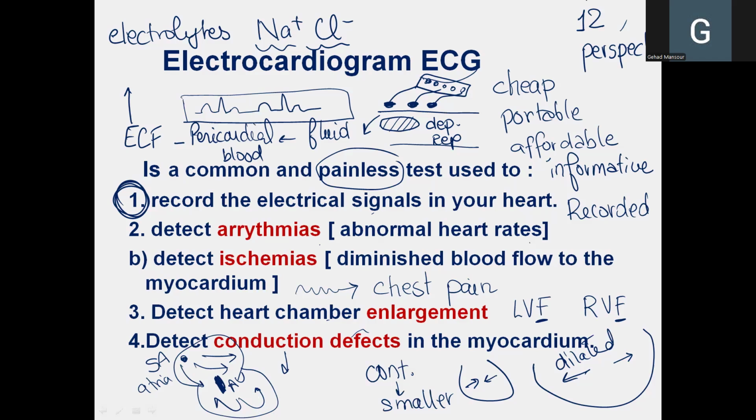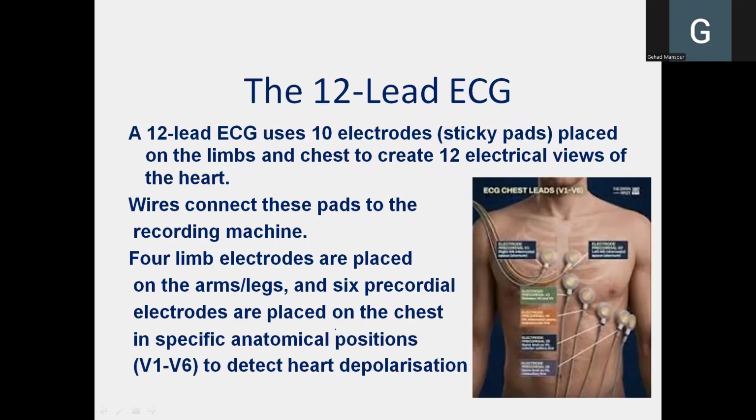In such a case, this is an AV nodal conduction defect, which is very important and very liable to occur in the atrioventricular node, whose main function is to conduct with a delay.